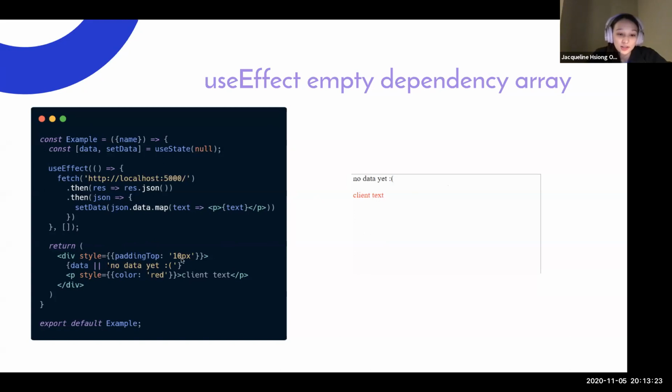And if it is null, we're just going to say, okay, no data yet. And you can see that we have our data state variable declared up here with its initial value of null. So if you're looking at this GIF, it starts out with no data yet, meaning the API has not finished calling yet. And then after it finishes, we wait a few seconds and we see all this data.